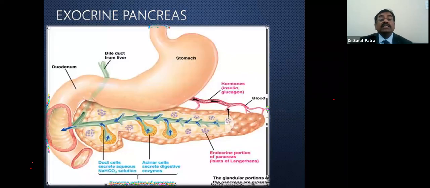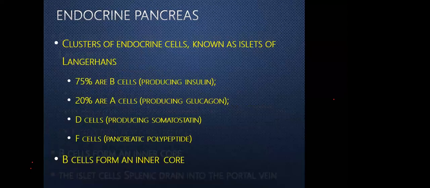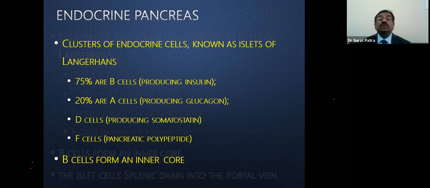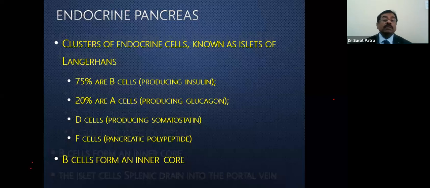This picture is self-explanatory. Clusters of endocrine cells known as islets of Langerhans occur in the pancreas, which consist of B cells, 75%, producing insulin, A cells producing glucagon, D cells somatostatin, F cells polypeptide.